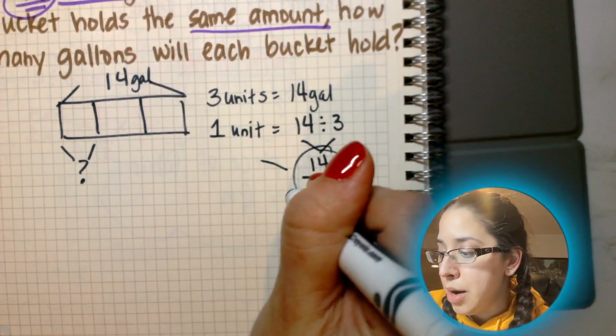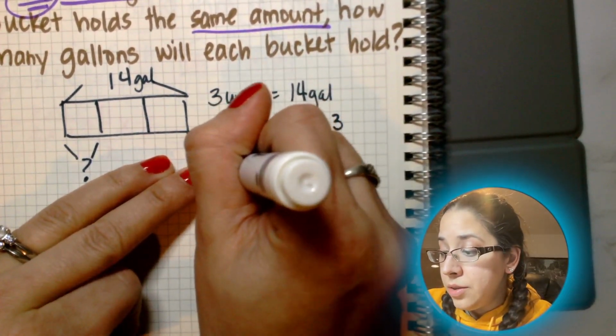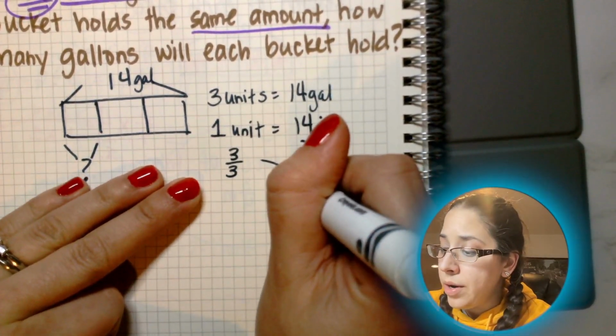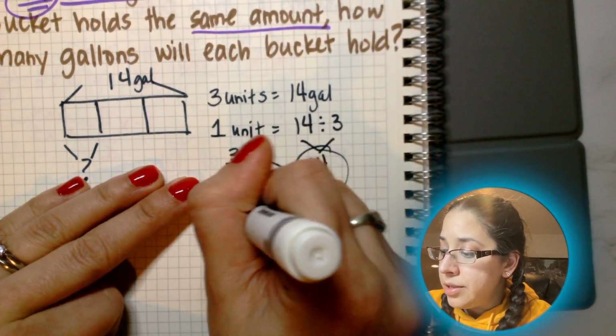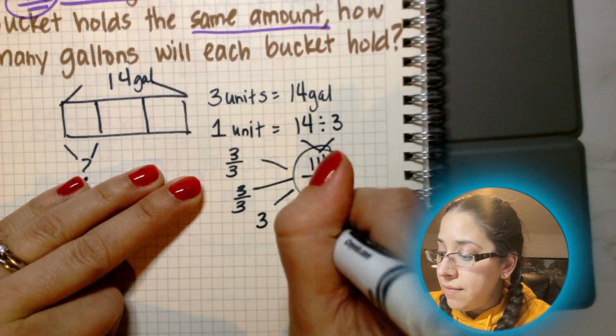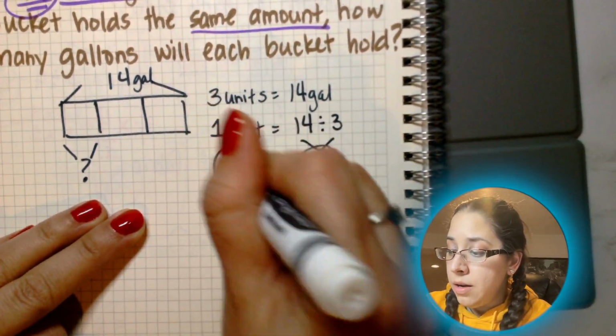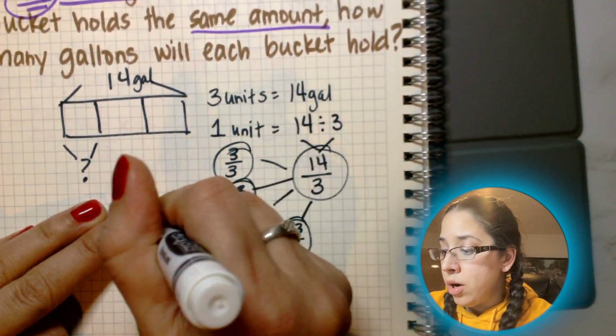So I would take this 14, I create a number bond. So I can do 3/3 is 1 unit, or 1 whole. Another 3/3 is 2 wholes. That's 6, 9, and 12. So I have 1, 2, 3, 4 wholes.